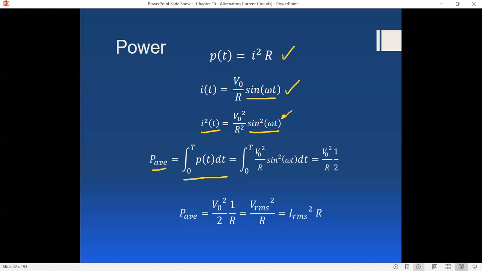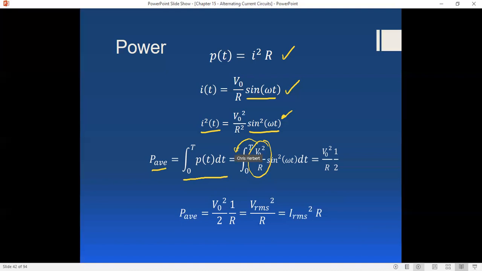Normally when you think about taking an average, you think about taking the sum of all things and then dividing it by the number of things. And really an integral is a sum of an infinite number of infinitesimal elements. That's what we're going to do here. So we take this integral, and this is going to be constant, so that can actually go out front.